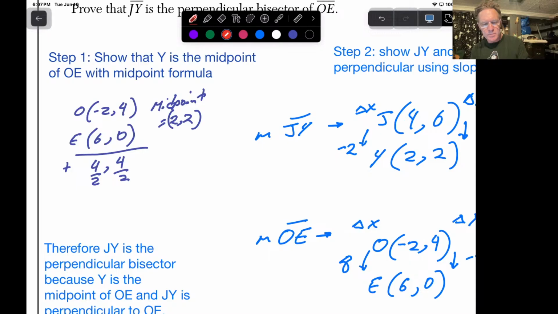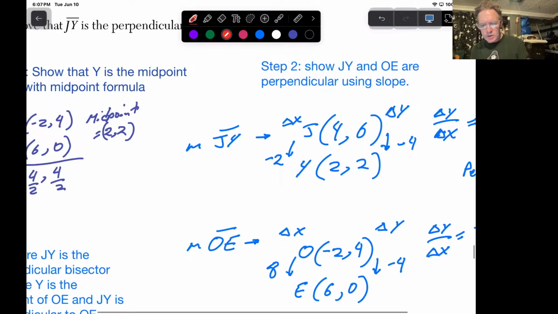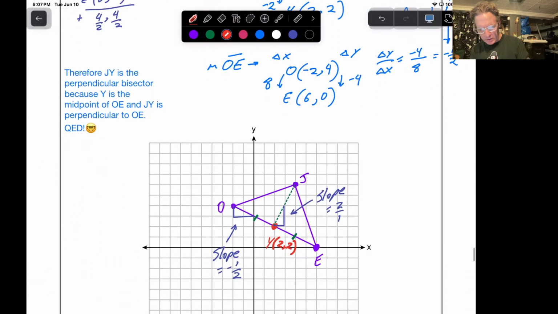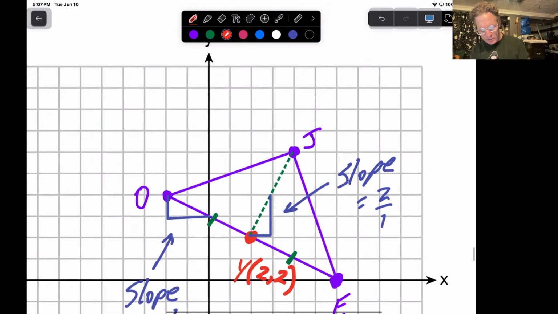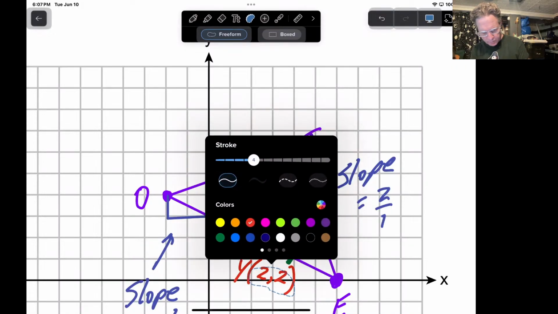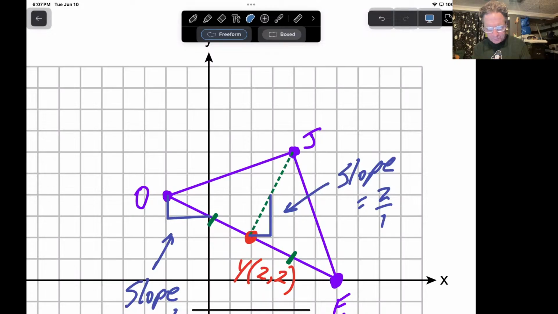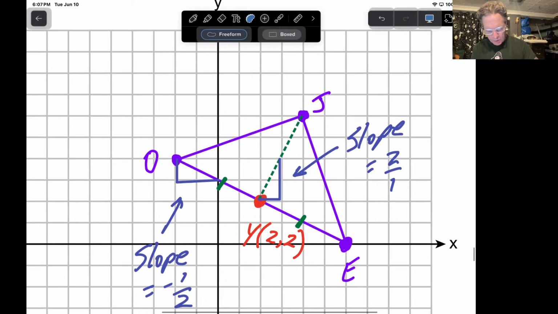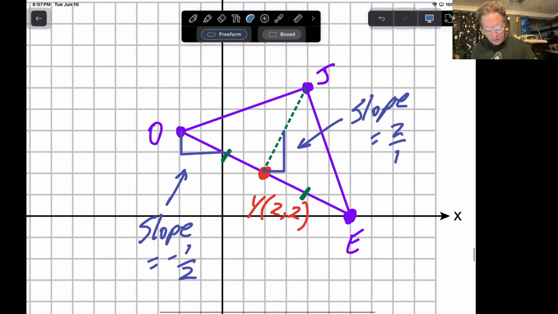Find that Y is the midpoint using midpoint formula. Step 2, show that JY and OE are perpendicular. So that's what I did here. This is where that Y was. So I calculated the slope of OE, and it's -1/2, and the slope of JY is 2/1.